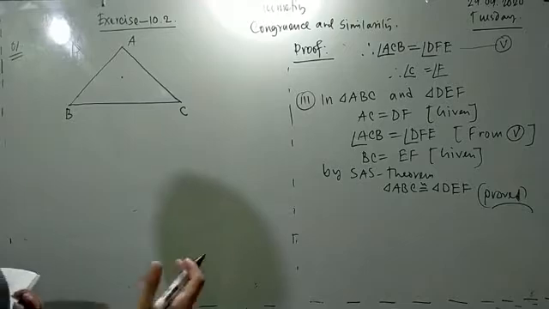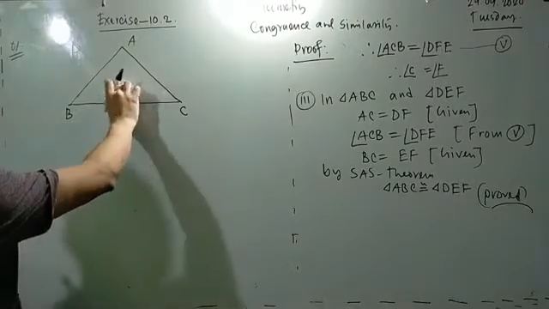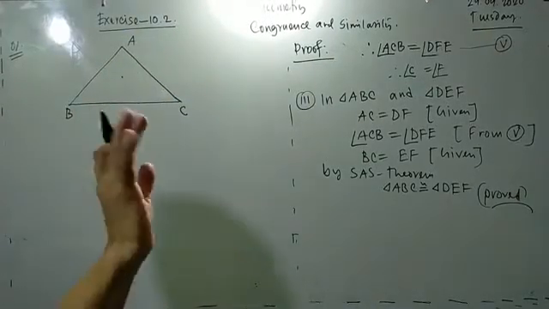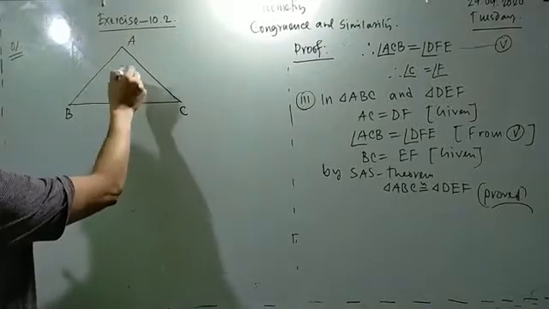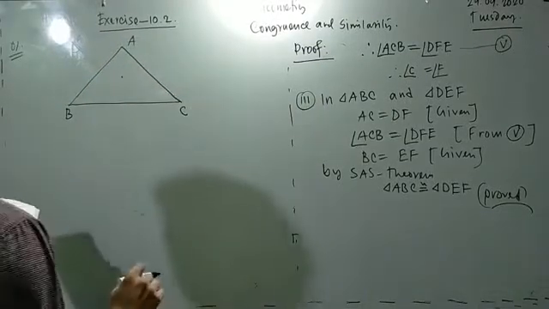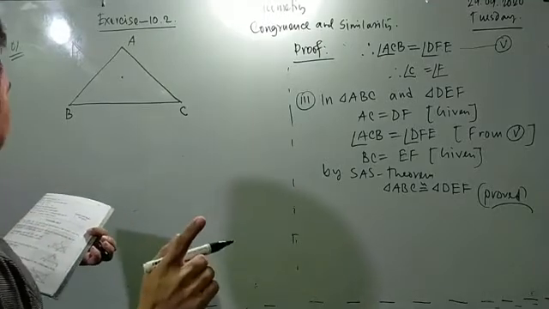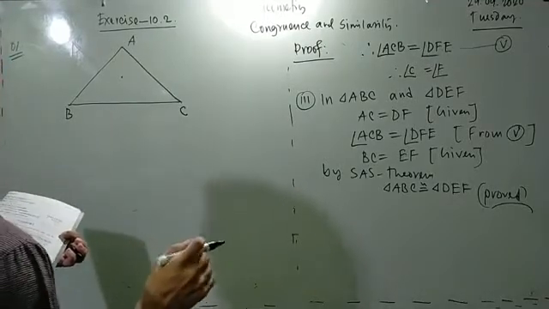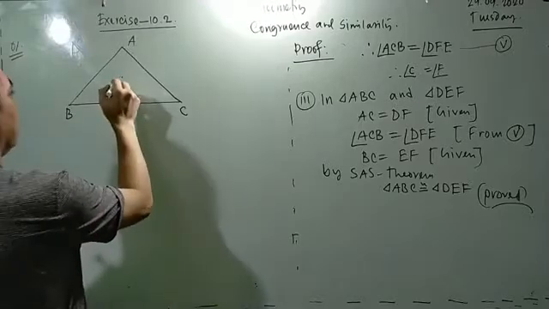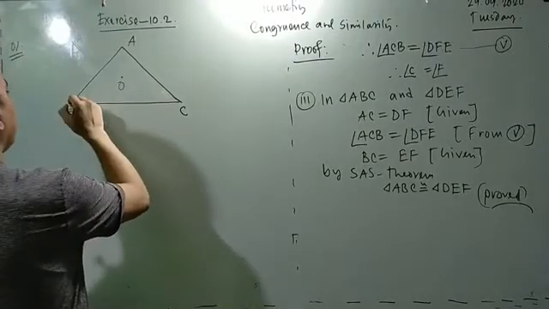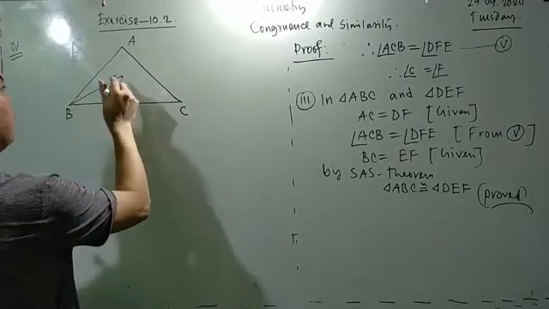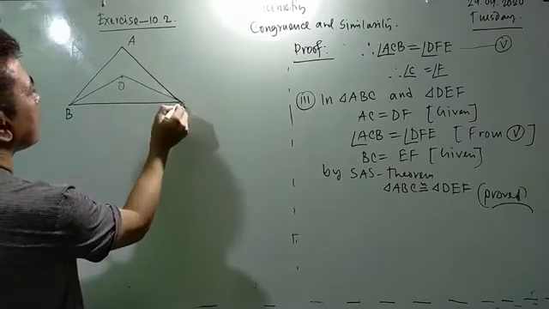It's not telling us it's the middle of ABC. It's not mandatory. You can take it anywhere, this side is also okay, no problem. So inside of ABC, one point is given, which is called O, such that OB equals OC. So this one is OB, and this one is OC.